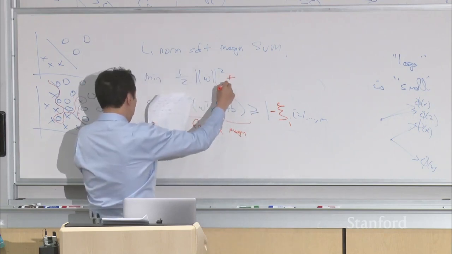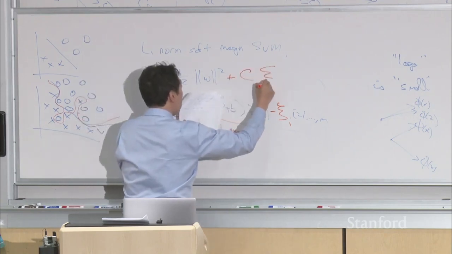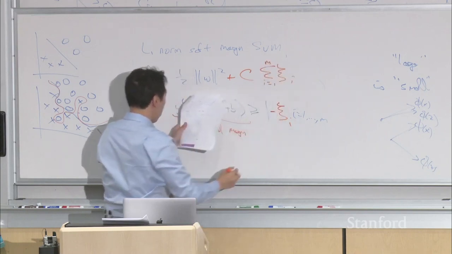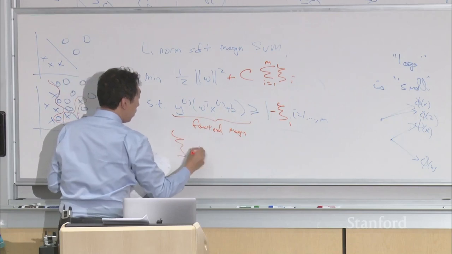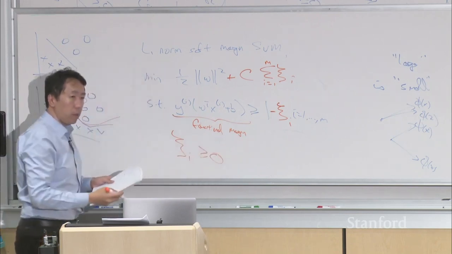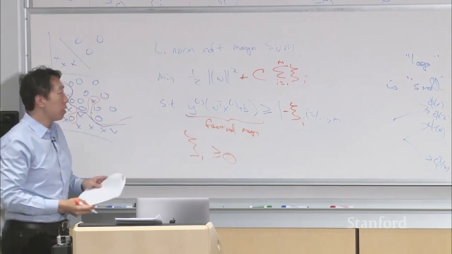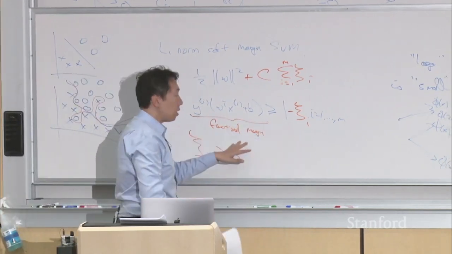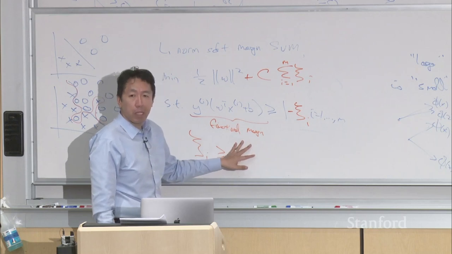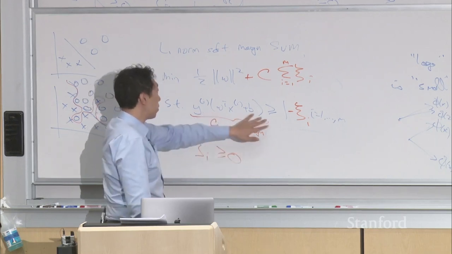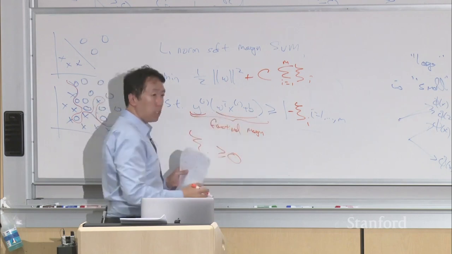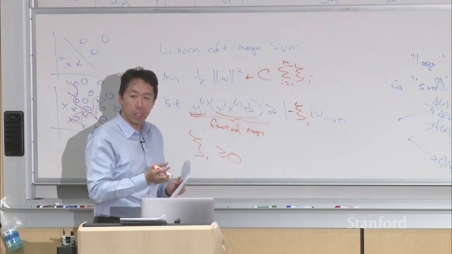And then we're going to modify the cost function as follows, where these ξ_i are greater than or equal to 0. Remember, if the functional margin is greater than or equal to 0, it means the algorithm is classifying that example correctly. So long as this thing is greater than 0, then y and this thing will have the same sign, either both positive or both negative.